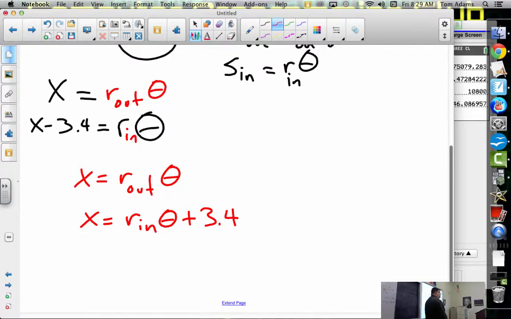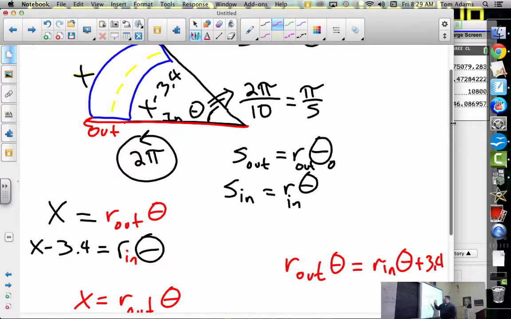Does that make sense? Now, since x equals x, what can I do now? Set them equal to each other. So I have the radius on the outside times theta is equal to the radius on the inside times theta plus 3.4. Now what they're asking is what is the width?